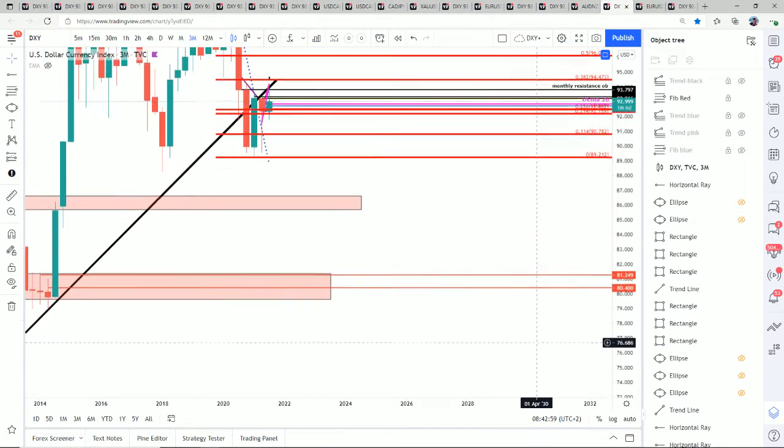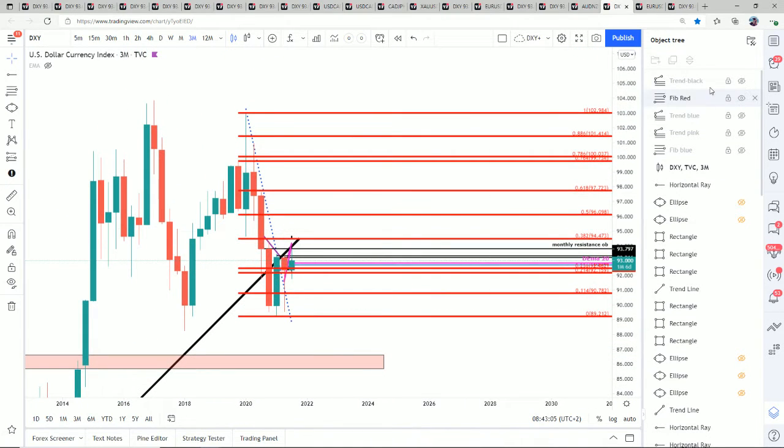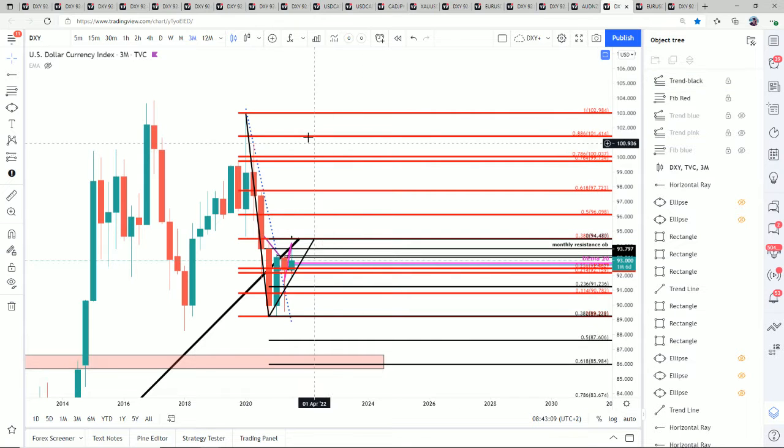So here we already have those levels because I did it, of course, since a long time, but that's what I do. And this is the black one I have here, which is measuring this move.